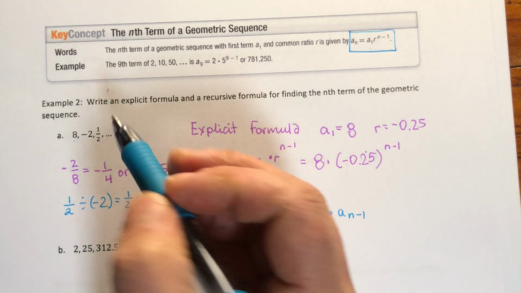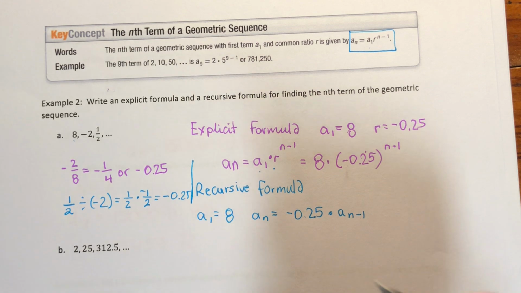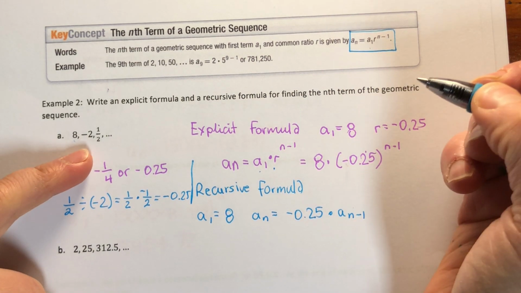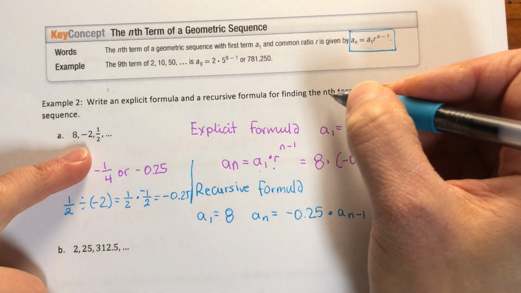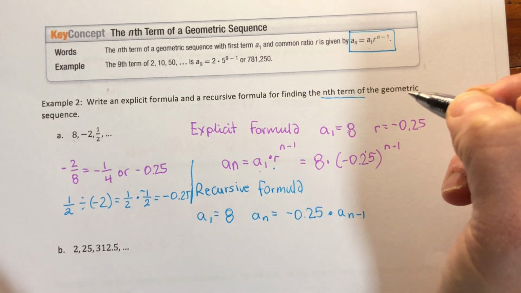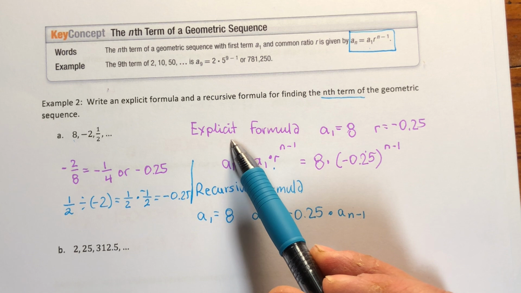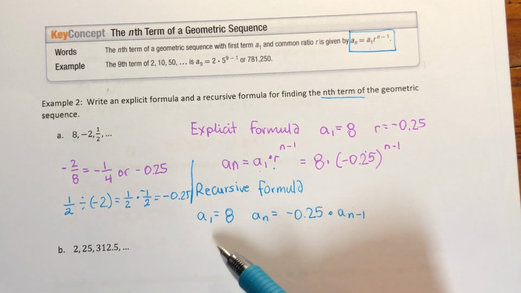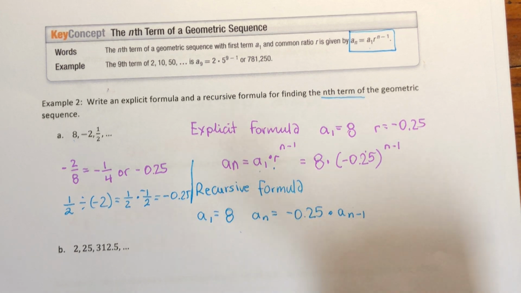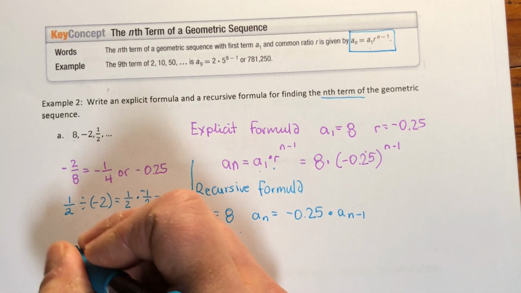I did not finish this one, so we can do this right now. If I want to figure out the nth term, well, I guess I did finish it. I found the nth term using the explicit formula, and I found the nth term using the recursive formula. Here's one for you.